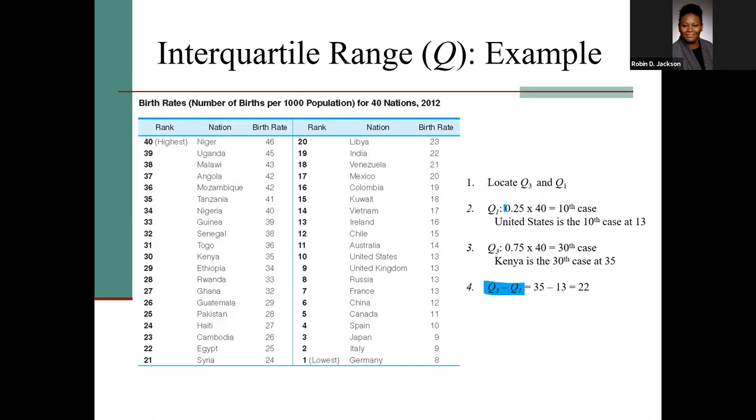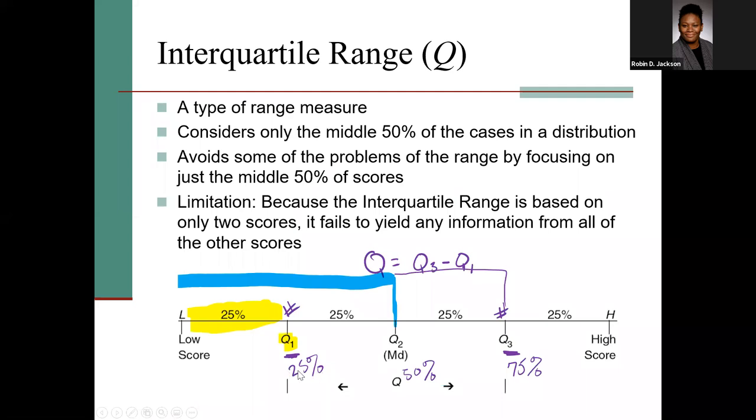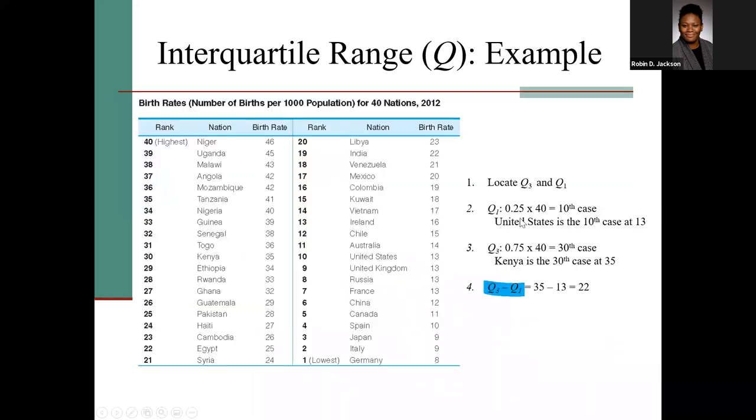You would take 0.25, because remember Q1, what did we say Q1 was? Q1 is 25%, okay? Q3 is 75%. So all you need to do here is turn the 25% into a way you can calculate it. Remember, the way we calculate things in terms of percentages is we move the decimal place.